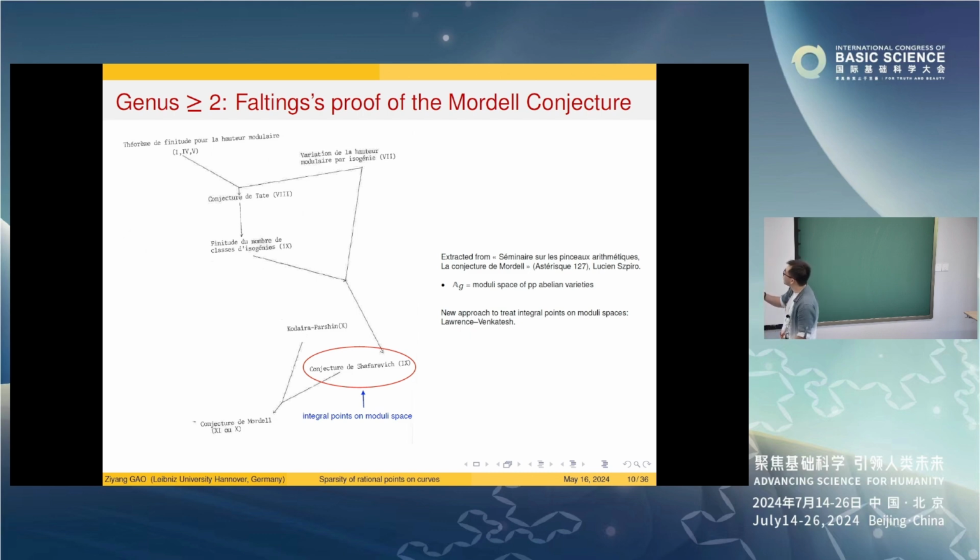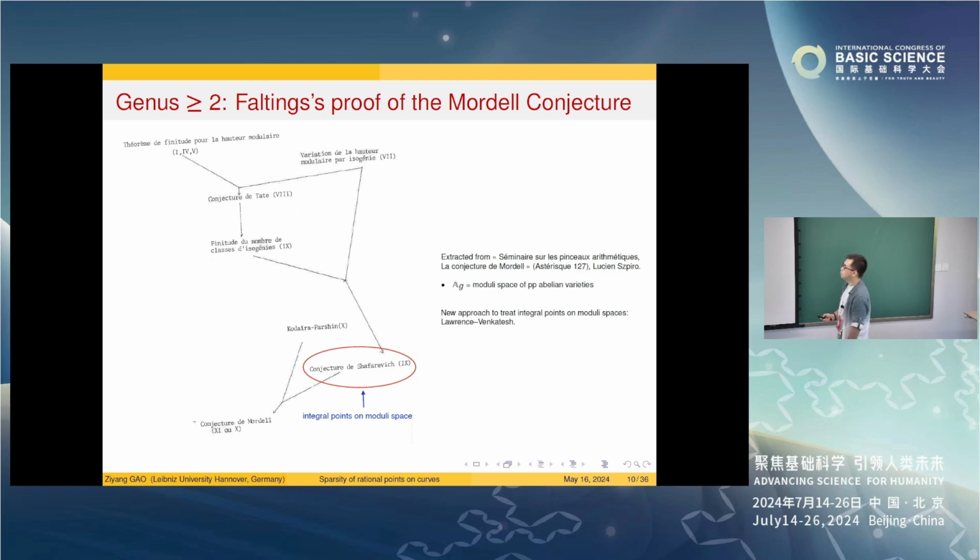But he proved it's almost like a formula for the height change under isogeny. Yeah, and so on. In the end, he proved a finiteness result for integral points on the moduli space. This is the Shafarevich conjecture.